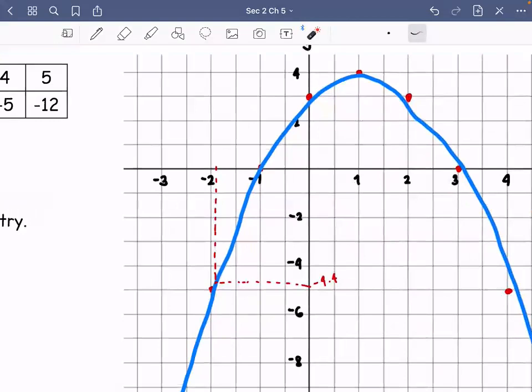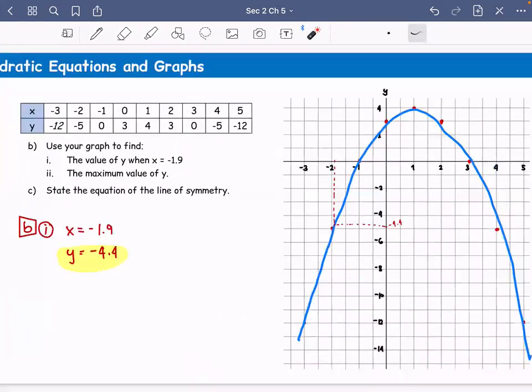If you're using the millimeter block, it's way better because it has those small lines. So this is -1.9, and then just trace until it intersects the curve at this point, and then looking at the y-axis, it's -4.4.